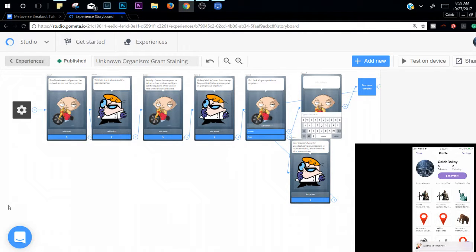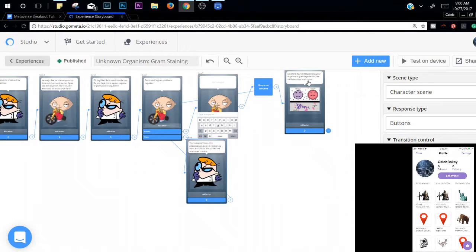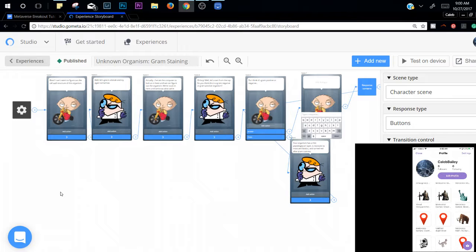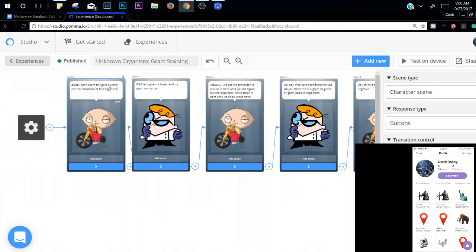Alright, so I got a few typos to fix. Let's see. Gotta get rid of this U that showed up out of nowhere. Then I also need to make sure that that's gram negative. And then lastly, I'm gonna just go ahead and retype this sentence. I typed it a little bit awkwardly, so let's see. Because I can't seem to figure out what organism this is.